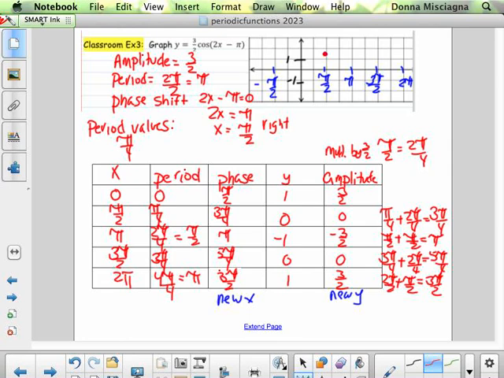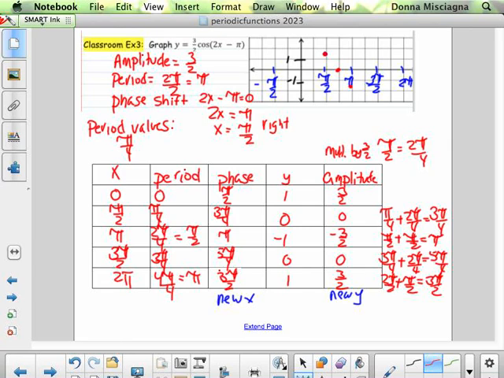All right, and then the next one is 3 pi fourths, 0. So that'll be right here. And then pi, negative 3 halves. So that'll be right there, 1.5.